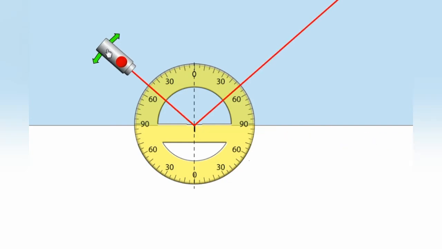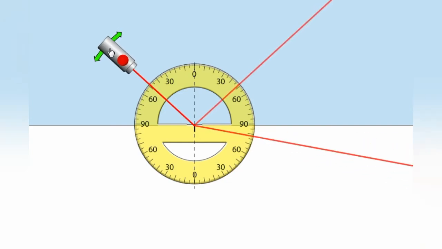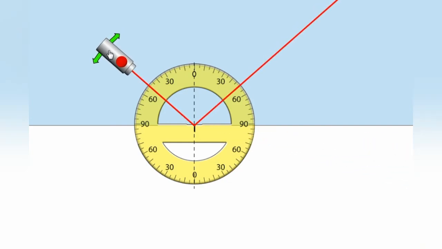See, at this particular angle, we cannot see the refracted light. This is happening only at a particular angle of incidence. The angle of incidence here is 50 degrees, at which we are not observing the refracted light.